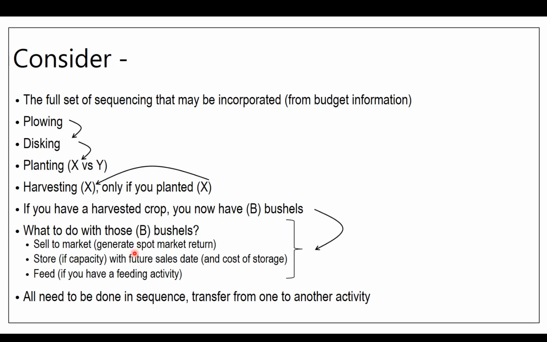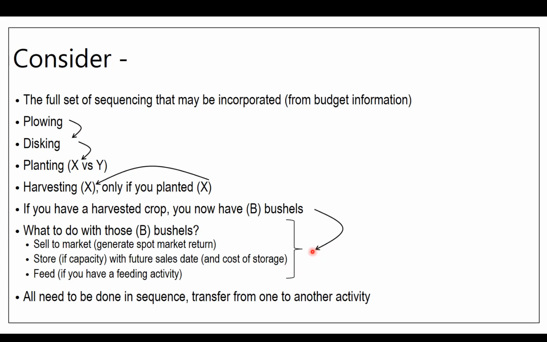And then when you get those bushels, you could potentially sell to the spot market, store it or feed it, and do this all in sequence, right? And so the linear programming model should obey these requirements that everything has to be done in the proper sequence.